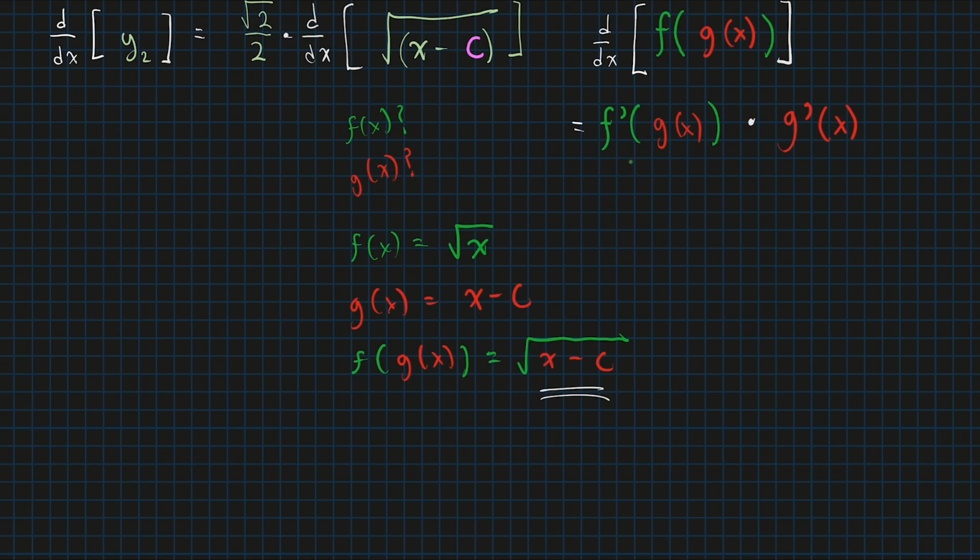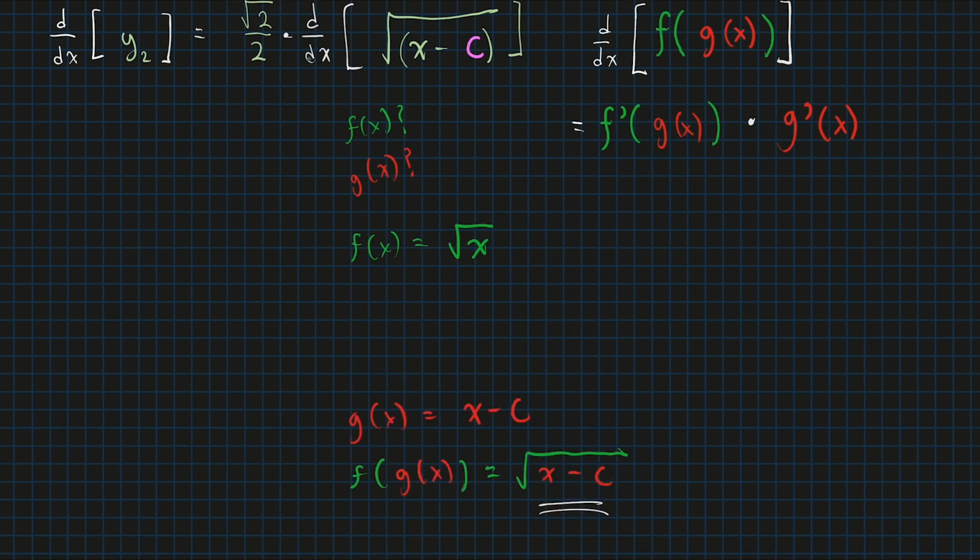That's what makes it f prime with respect to g of x. Wherever there's x in f prime, you plug in g. If f of x is the square root of x, then f prime of x must be the derivative of this. And how do we find the derivative of the square root of x? Well, the square root of x is really x to the power of 1/2.